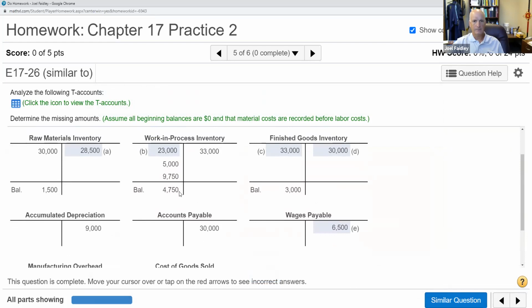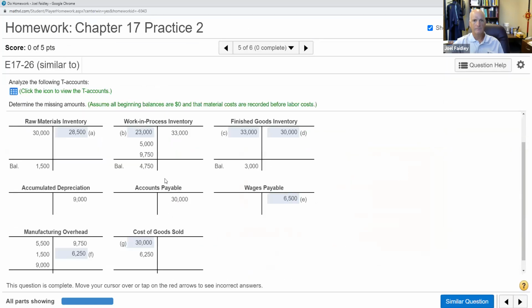Let me make this smaller so I can get it all on one screen. So that has to be labor, 5,000 of labor. Because you always assume that this is direct material, direct labor, and that's overhead. That's the assumption. It doesn't say that on here, but that's always the assumption. Material, labor, overhead.